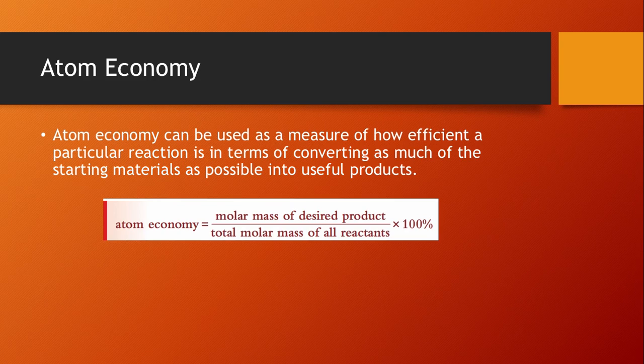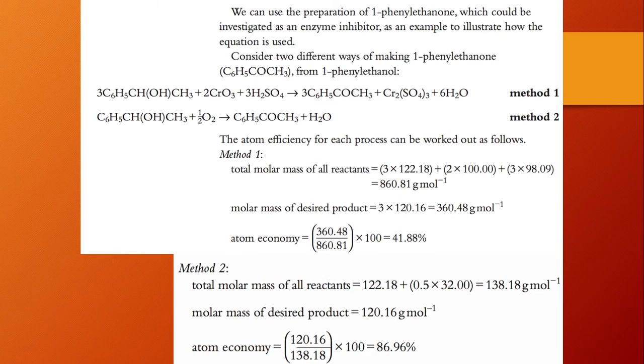So this basically gets into how much of your starting material is used to make the product that you are looking for. So obviously the higher percentage you get means more of your starting material has been converted into your product. If it's a low amount, then there is more waste.